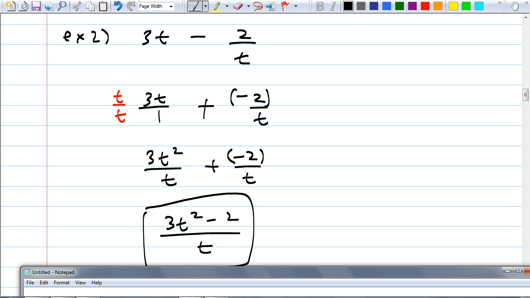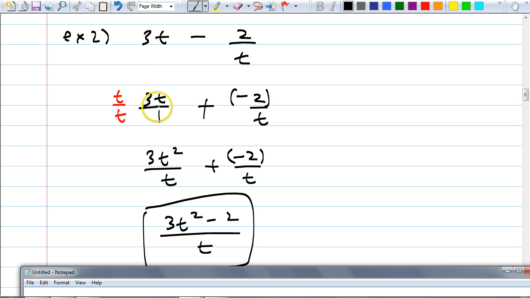Does that make sense? By the way, I've seen people do this. At this point, when you multiply top and bottom by t, didn't I say always simplify? So people say, oh, why don't we cancel out t and t? That doesn't work. Why don't we do that?